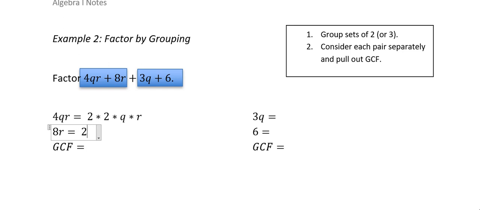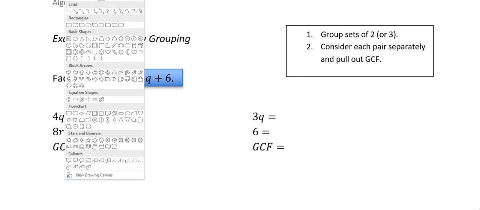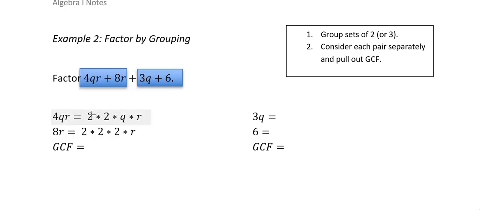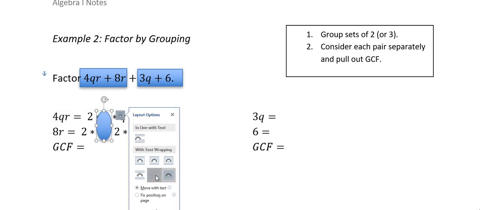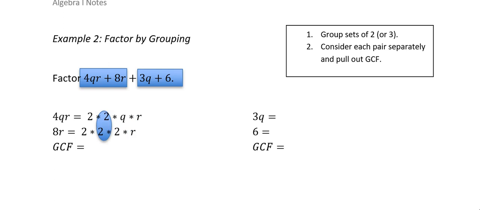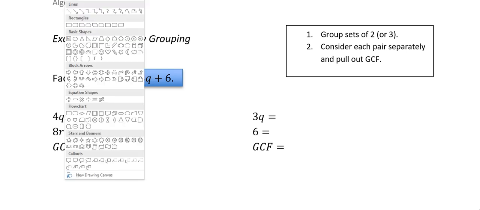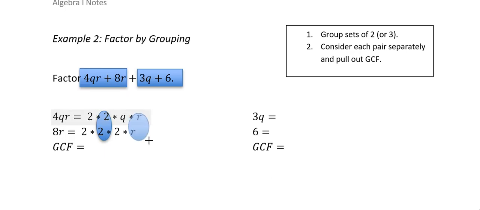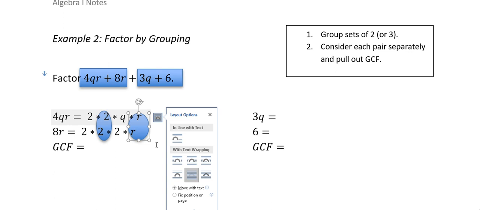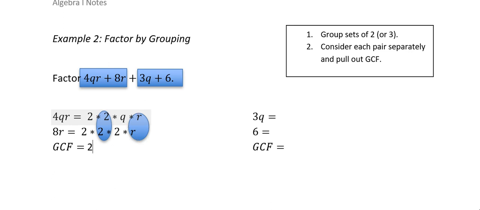So we're going to do 2 times 2 times 2, and times R. So the GCF of these 2, if we circle what's in common, we've got some 2's here, and we've got, what else? The R's. Okay, so you have a 2 and an R as your GCF.